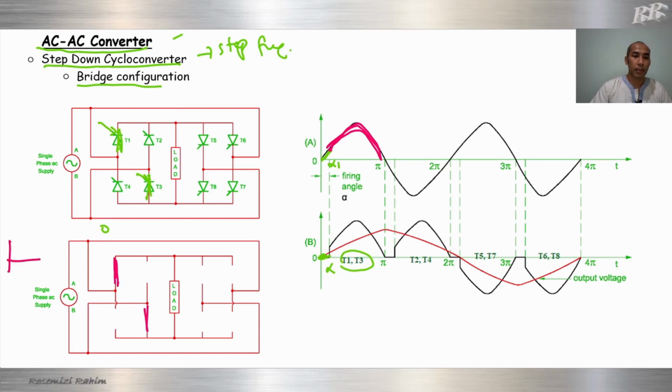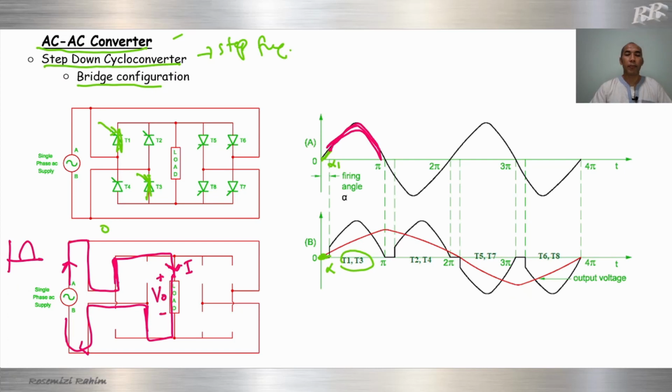Current will flow from A terminal, go here, pass through T1, go to the load, enter this one, and go back, completing the cycle.